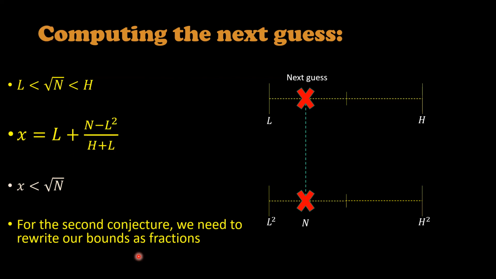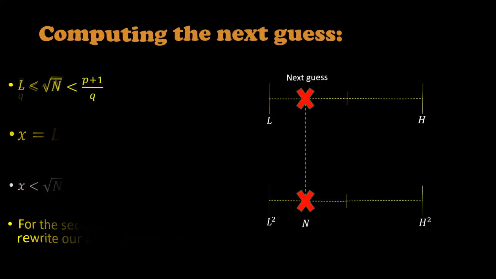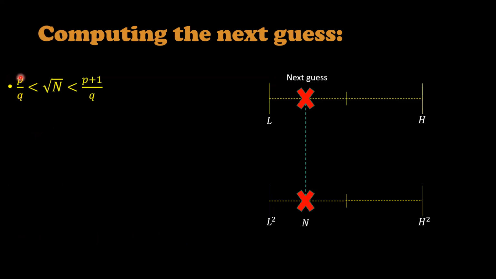Now for the second conjecture, how do we come up with this, right? We need to rewrite our things as fractions. So instead of L, we could rewrite the L as some number divided by some other number. We could rewrite the L as P over Q and the H as P plus 1 over Q. And we can assume that we start off with an estimate that's like this.